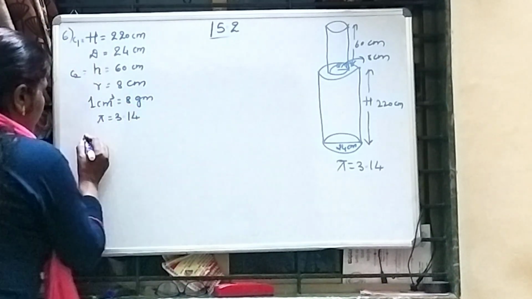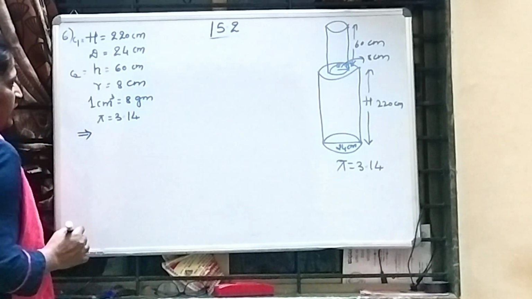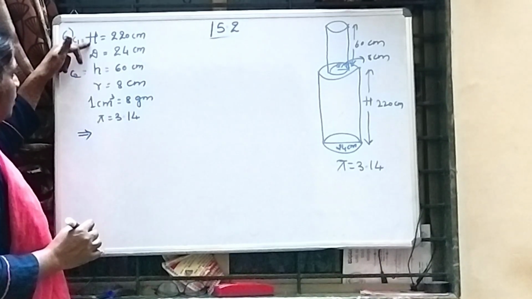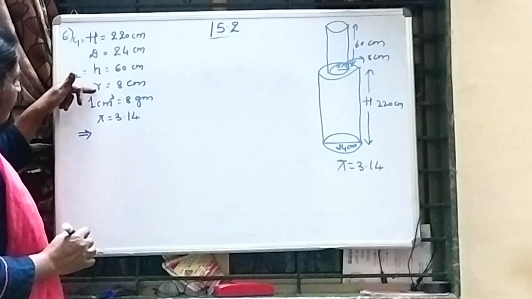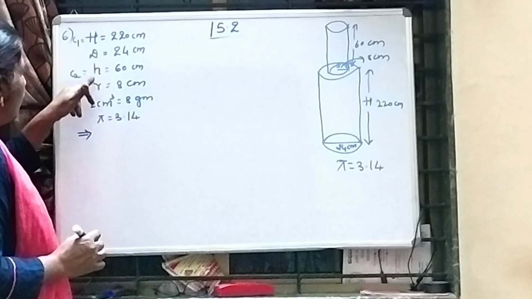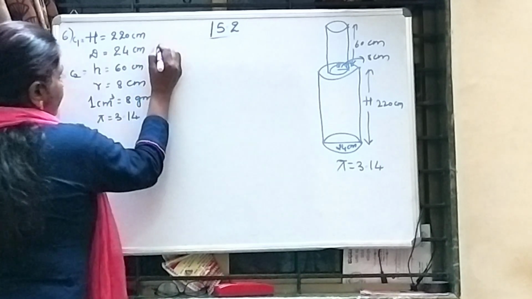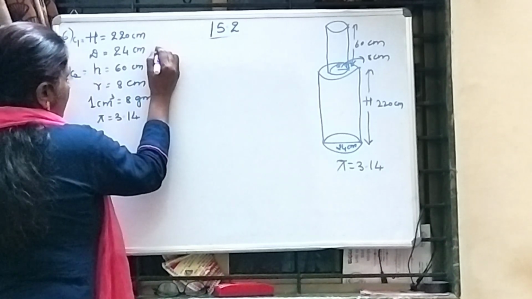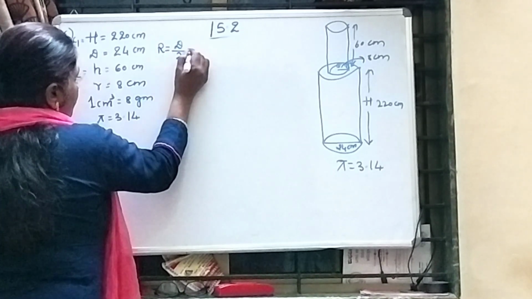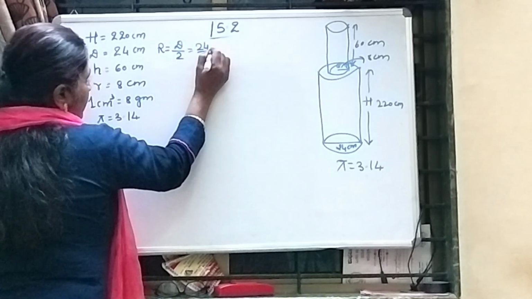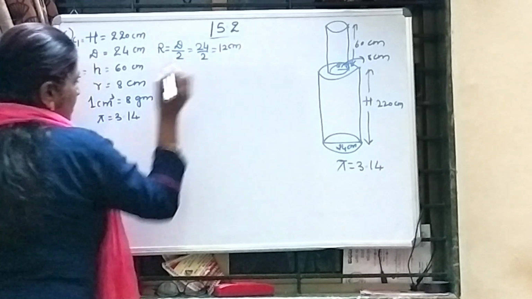So we'll take now the volume. For the first cylinder, I have taken capital H and capital D, that is diameter. For the second one, they have directly given the radius, so I have taken small r and small h. In the first cylinder, we are going to find the radius, capital R: D by 2, 24 by 2, is 12 centimeters.